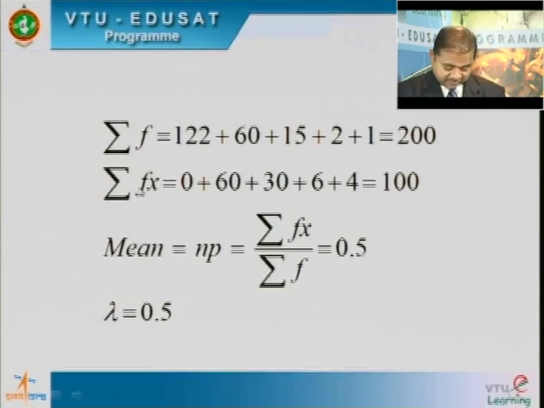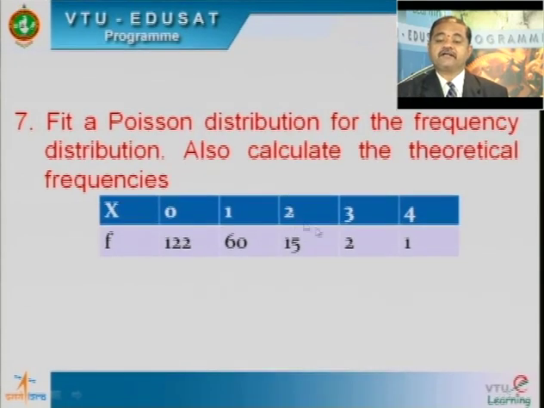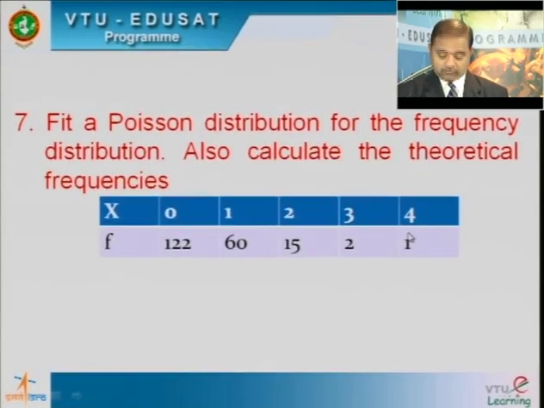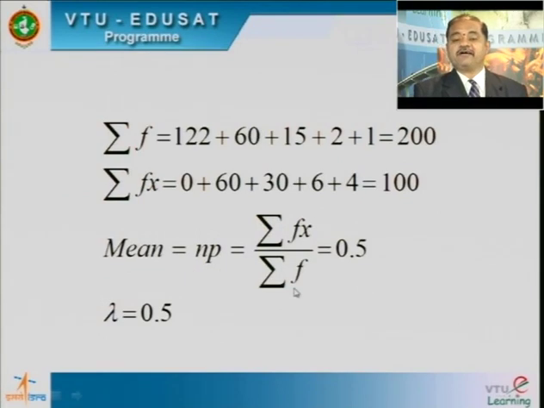Then fx: 0, 60, 15 into 2 is 30, 6 plus 4, so 0, 60, 30 turns to 100. Mean np is sigma fx by sigma f, it is 0.5. I told you this np is nothing but lambda, so my lambda value is 0.5.